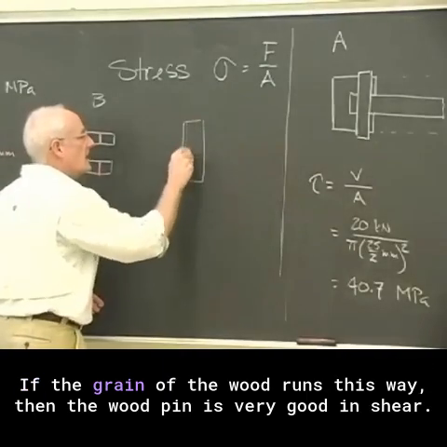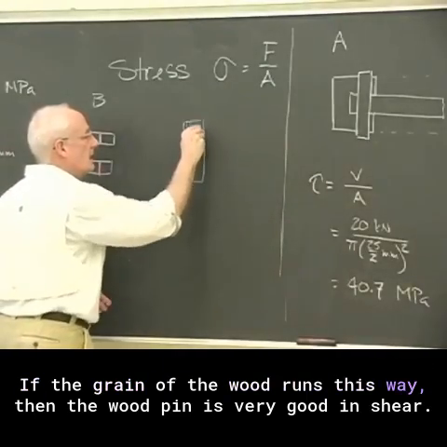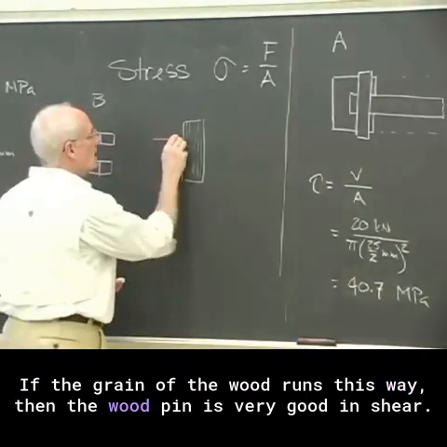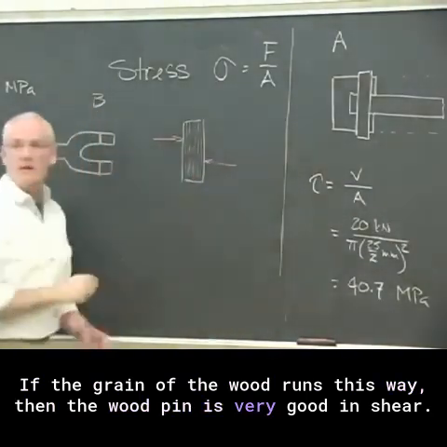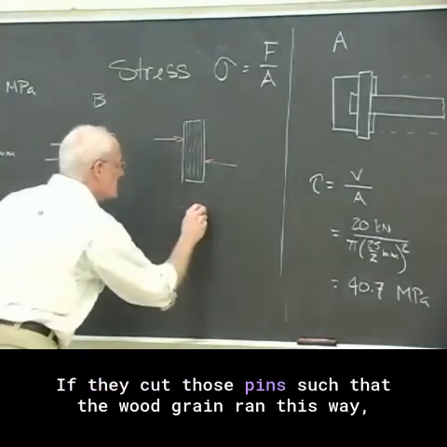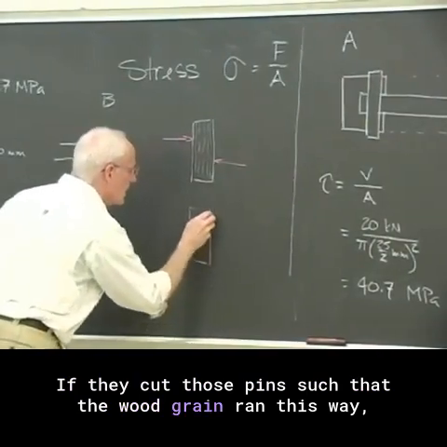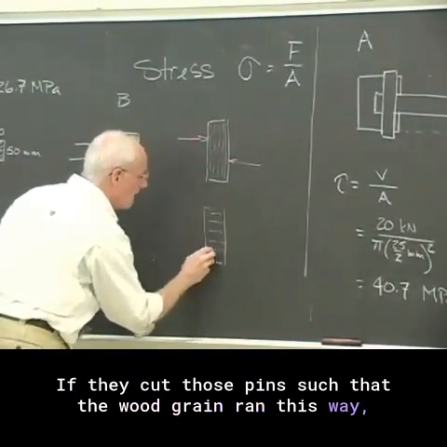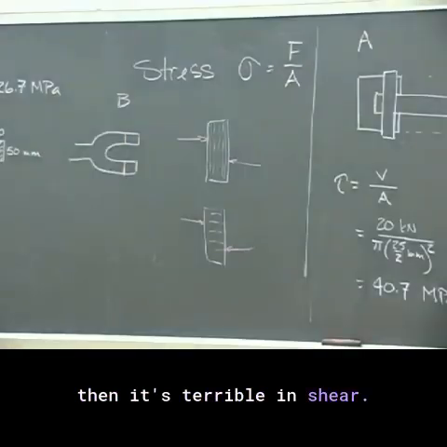If the grain of the wood runs this way, then the wood pin is very good in shear. If they cut those pins such that the wood grain ran this way, then it's terrible in shear.